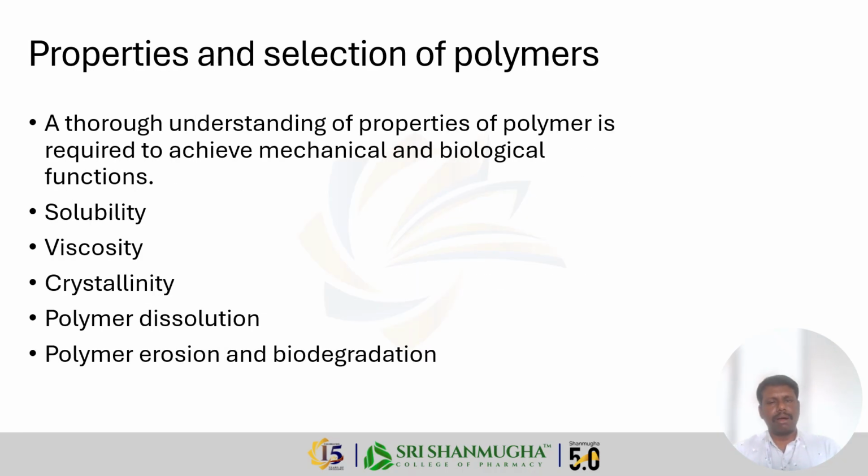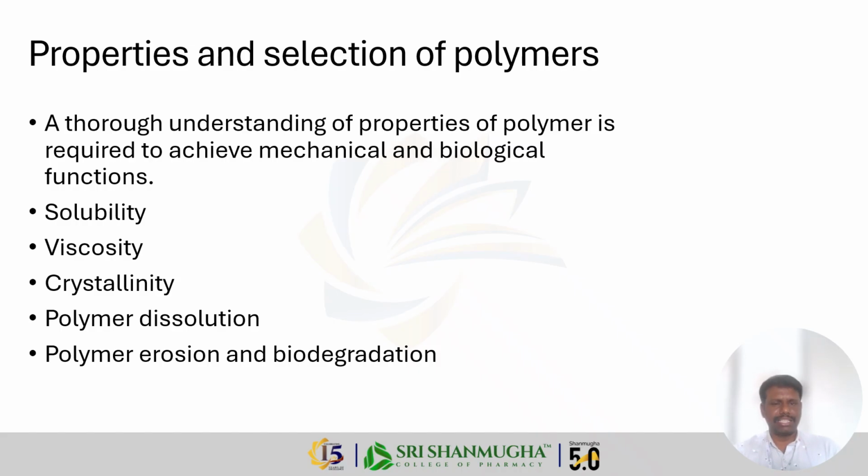Then, what are the properties and selection of polymers? This highlights why polymer selection is critical. To achieve proper mechanical strength and biological performance, polymer properties must be understood. The key properties include solubility, viscosity, crystallinity, dissolution behavior, erosion, and biodegradation.